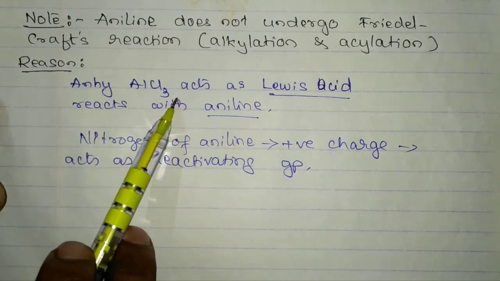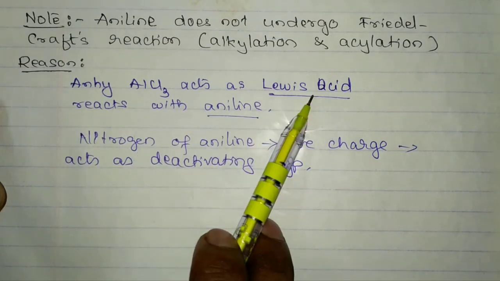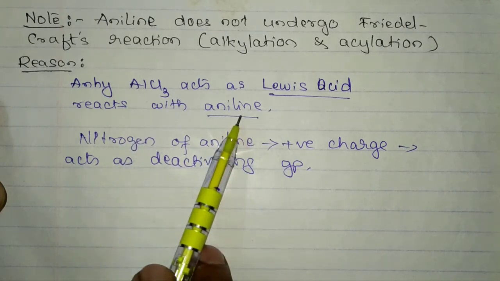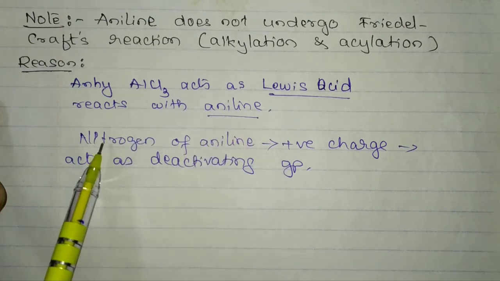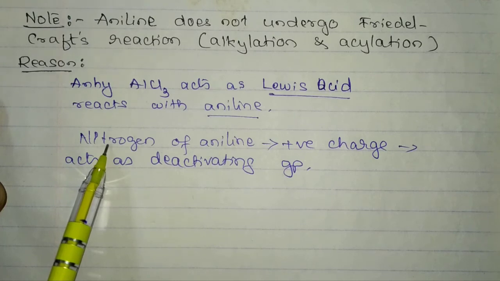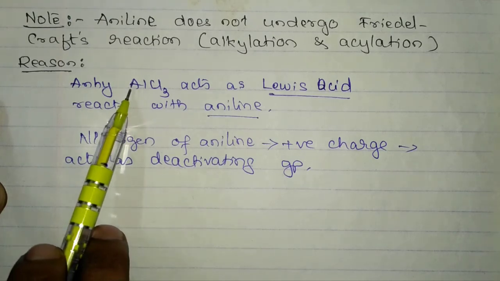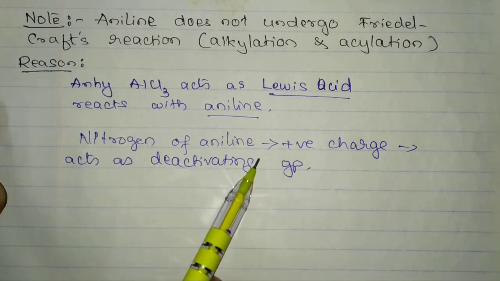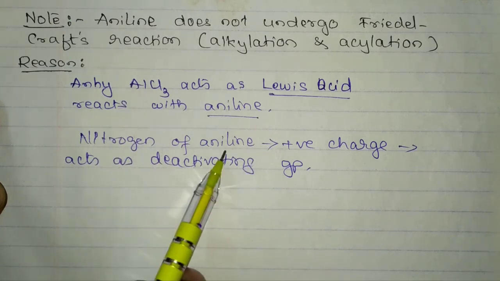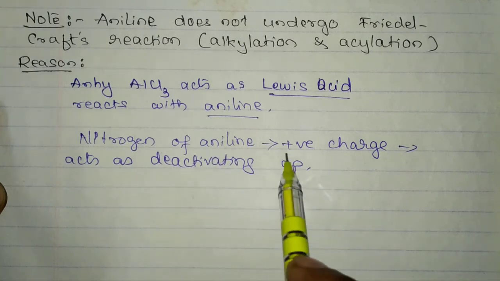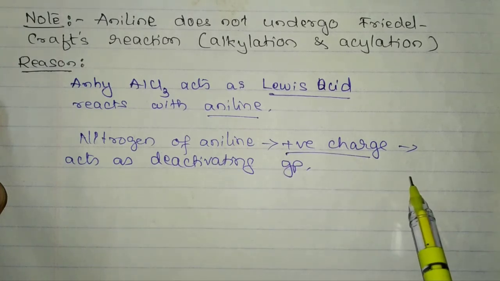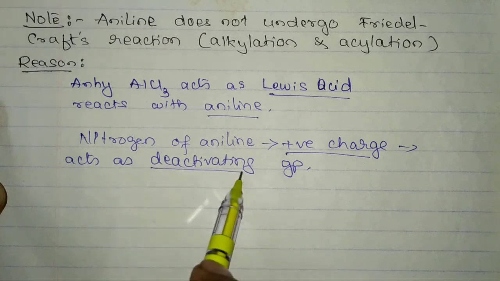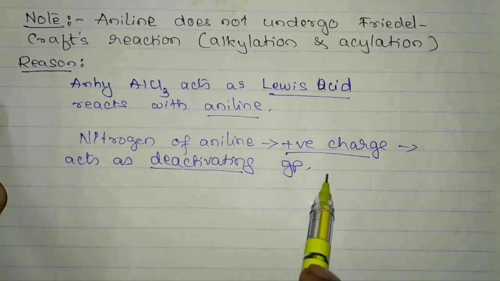Anhydrous aluminum chloride, which acts as Lewis acid, reacts with aniline. The lone pair of electrons of this nitrogen atom of aniline are donated to aluminum chloride, resulting in the formation of salt. Due to this, nitrogen of aniline acquires a positive charge and hence acts as strong deactivating group for further reaction.